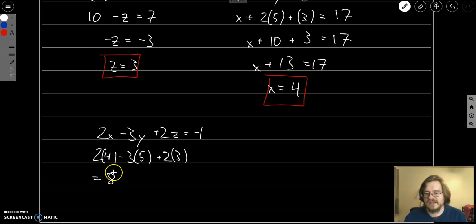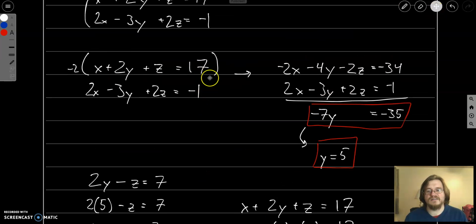So 2 times 4 is 8, 3 times 5 is 15, 2 times 3 is 6, so 8 minus 15 is negative 7, plus 6 is negative 1, and it all checks out.